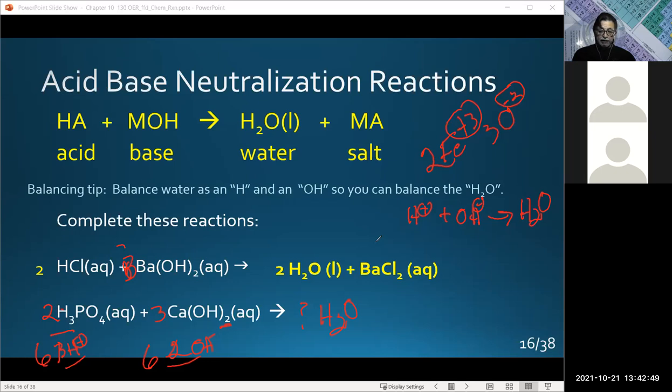Am I not going to make a billion? Yes. All right. And so if I got 6 protons, 6 hydroxides, how many molecules of water am I going to make? Anybody want to take a shot at that?